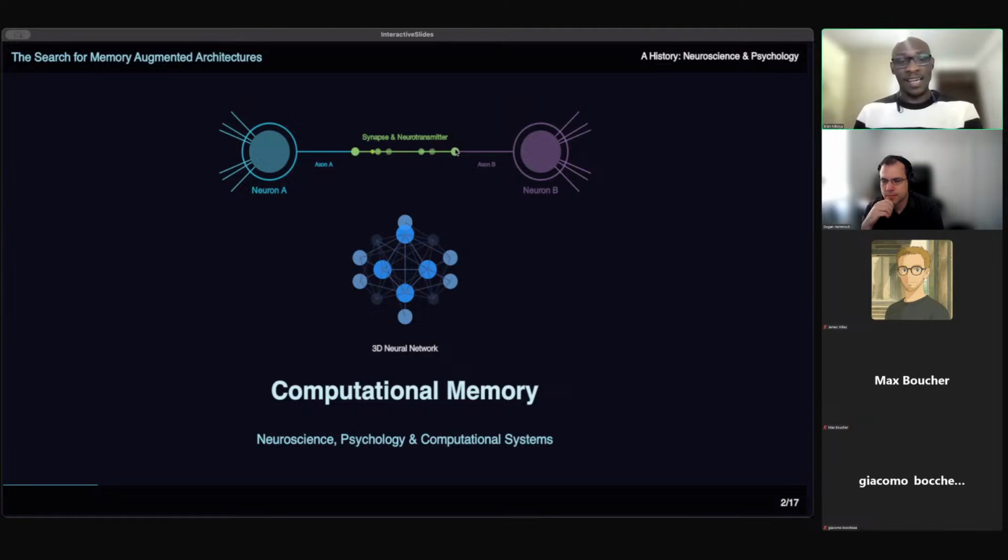This is how neurons communicate information with each other. And it's a network: if you have multiple neurons, you get essentially neural networks. So the question is, what is going on between these 2 neurons, and how can that be represented computationally?